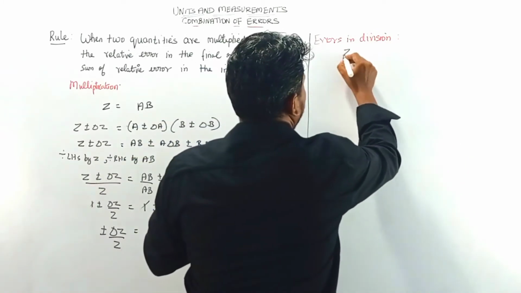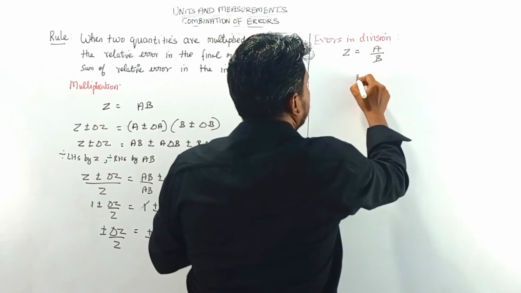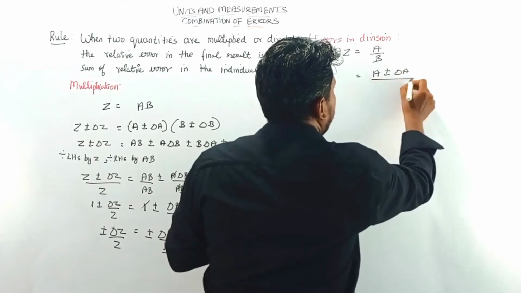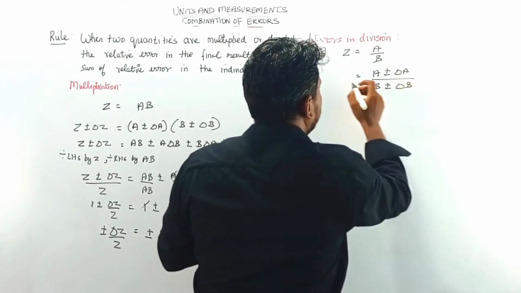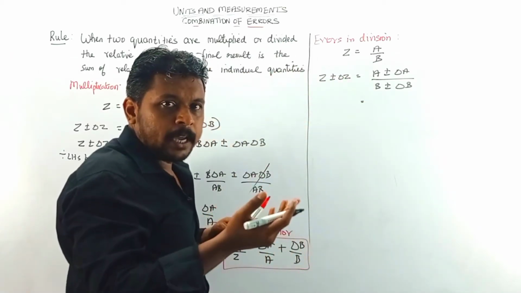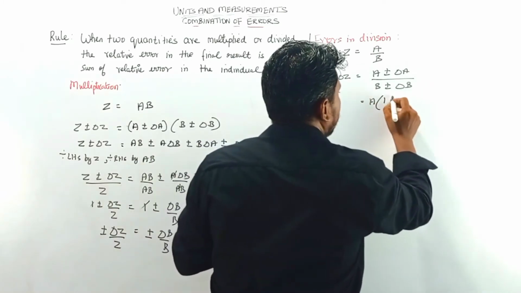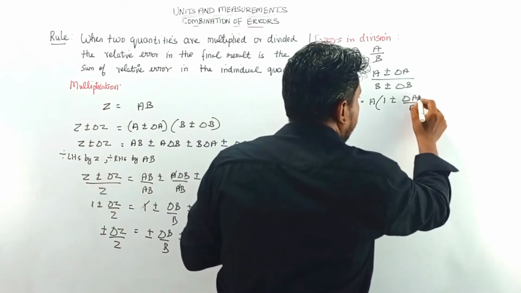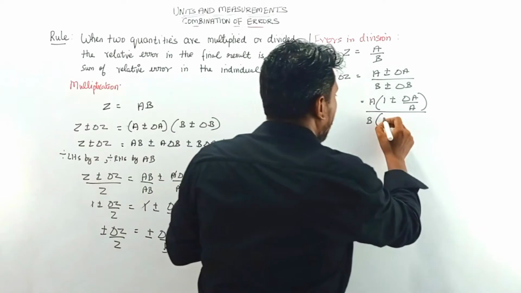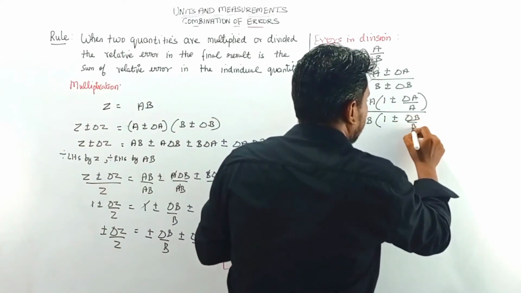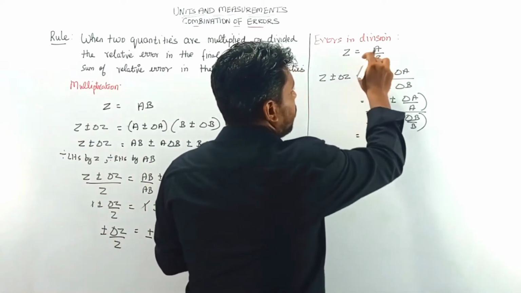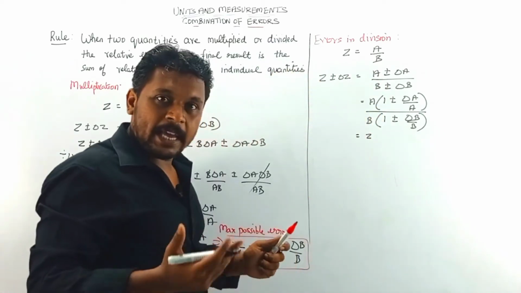Let us take Z is equal to A by B. I am representing A and B with errors: A plus or minus delta A by B plus or minus delta B. So here in the numerator I am taking A as common, so 1 plus or minus delta A by A. Similarly I am taking B outside from the denominator, so 1 plus or minus delta B by B. This A by B can be written as Z.